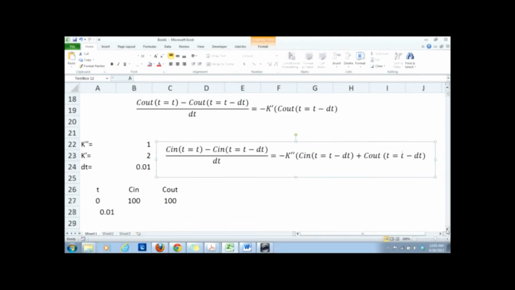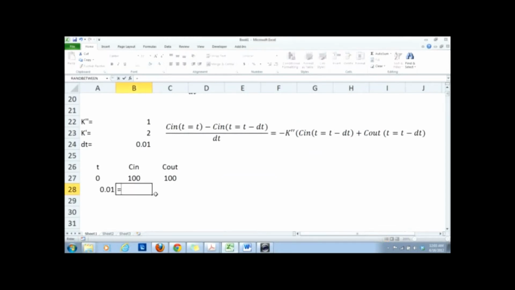So I'll say C in is equal to C in at t minus dt, minus dt, and I put a dollar sign again, times k double dash. For k double dash I again put a dollar sign, and then times C in minus C out.